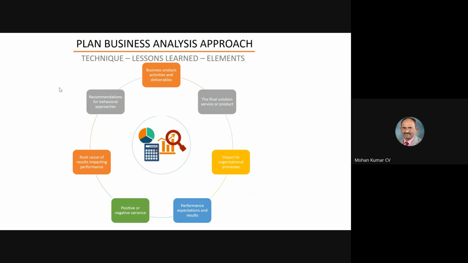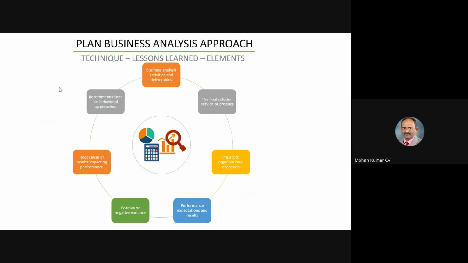How do we need to improve our processes based on the experience you had during this business analysis? You have different elements which you can use for improvement of the processes and for documenting lessons learned.